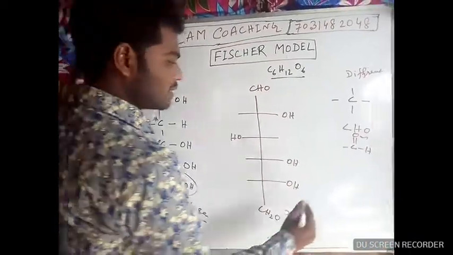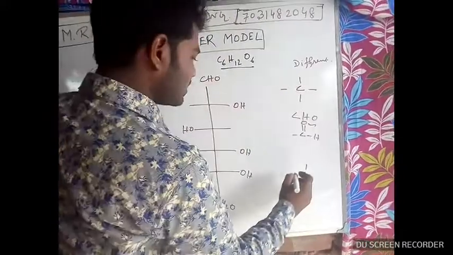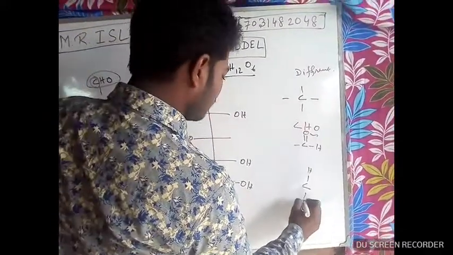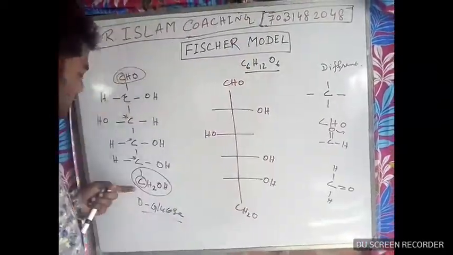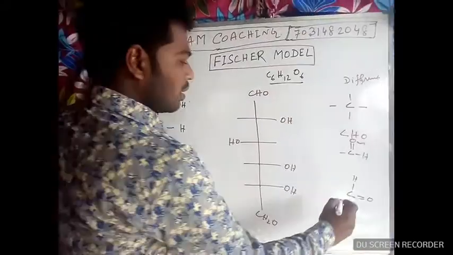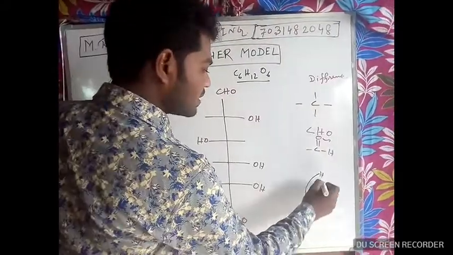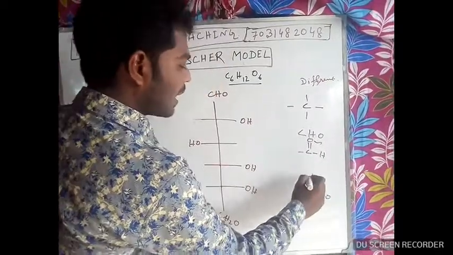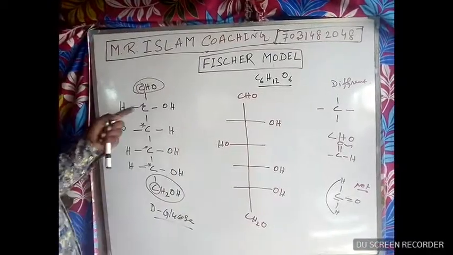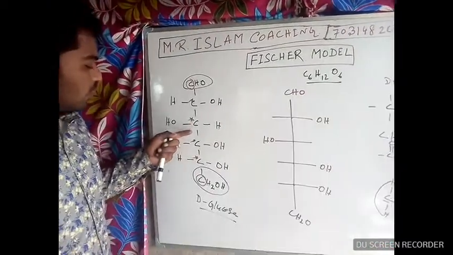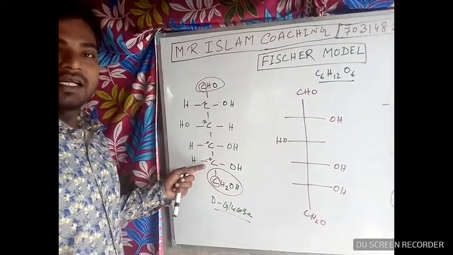We see the C has 4 hands, CH2OH. We see the carbon has 2 same hands, so the carbon is not chiral. But here 4, 1, 2, 3, 4. So 4 carbons have chiral.